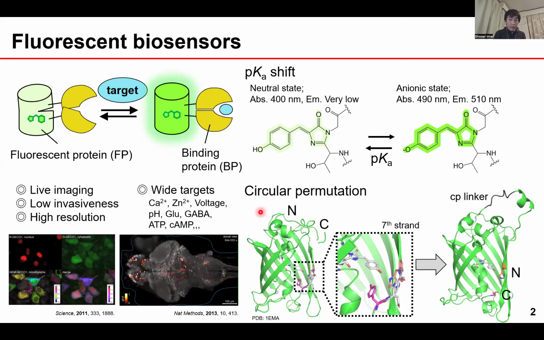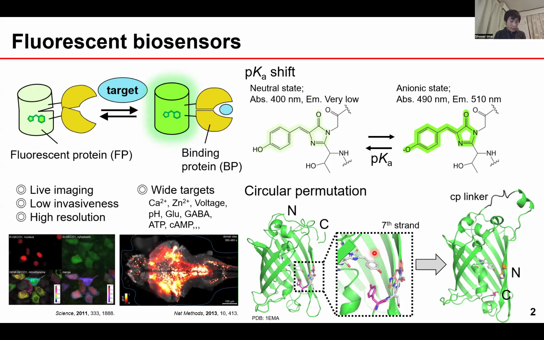The next key concept is circular permutation. This is a zoomed-in structure of GFP, and this is the phenol ring. This phenol ring points towards the seventh strand of the beta barrel, and these orange and purple residues closely interact with the chromophore.